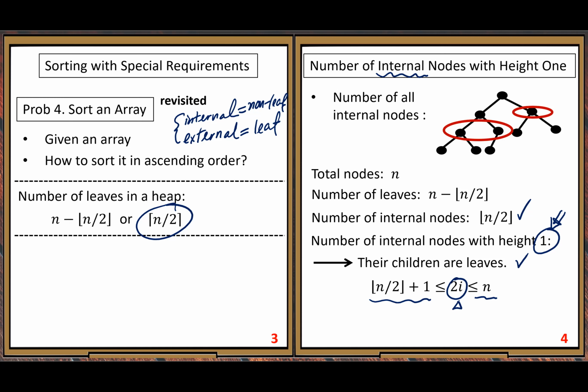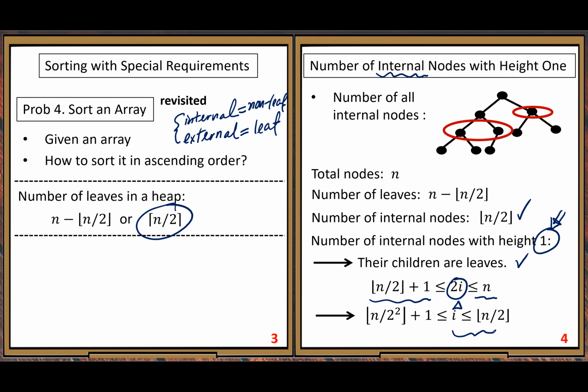Now let us simplify this inequality. After division by 2, we have this expression. You may feel I'm jumping too fast, right? The right-hand side you can see a little easier: division by 2, but you need to take the floor function because i must be an integer.